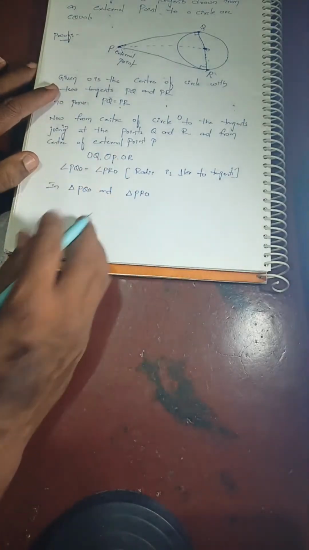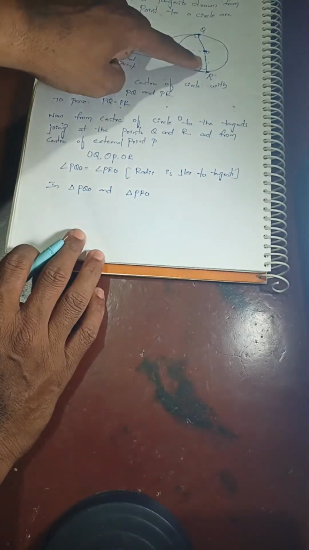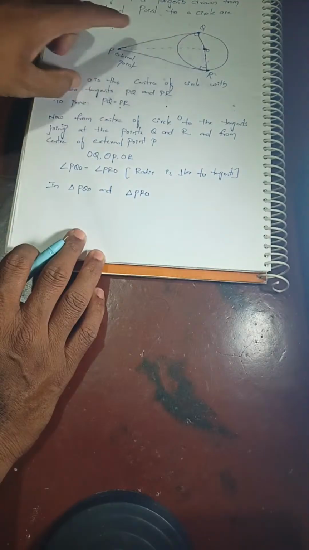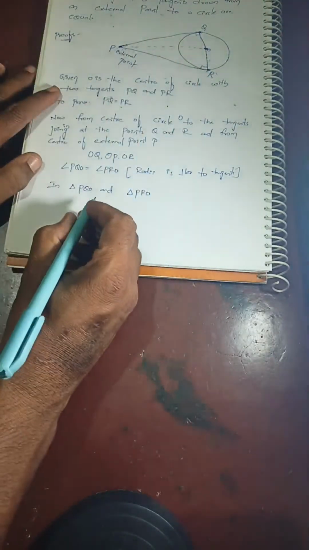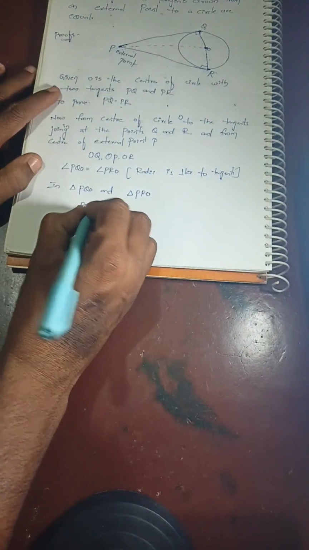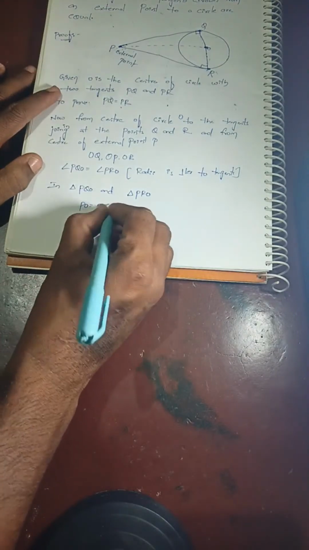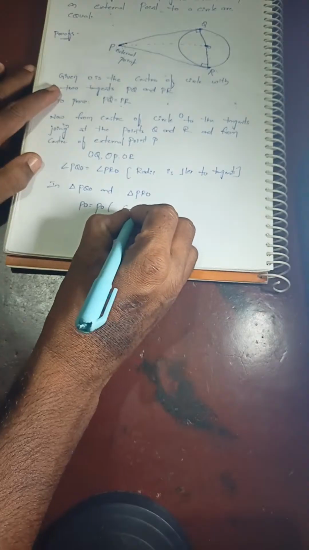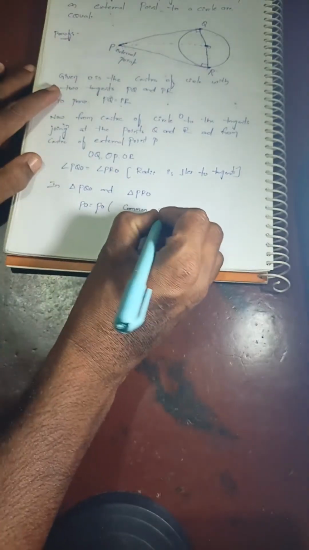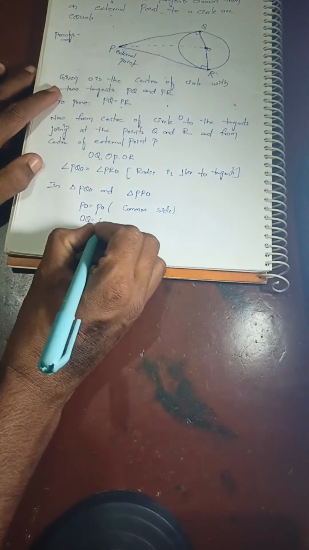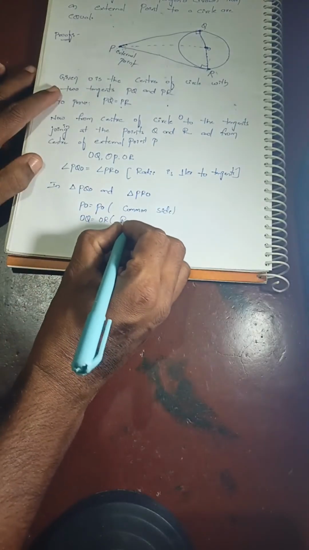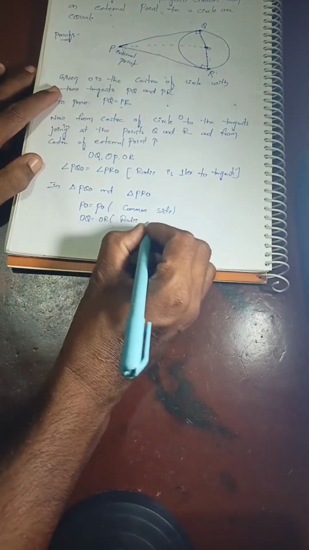Now see, in triangle PQO and triangle PRO, when we compare the two triangles, what are we going to write? Very simple. PQO is one triangle, PRO is another triangle. PO is equal to PO, which is the common side. OQ is equal to OR, radii of the same circle.